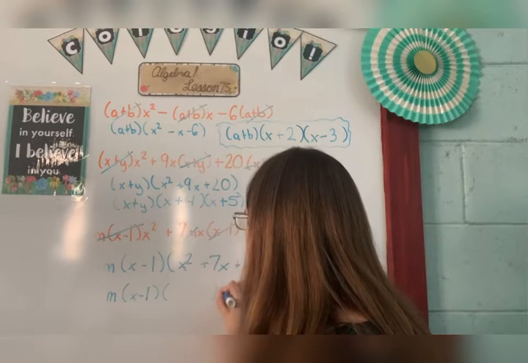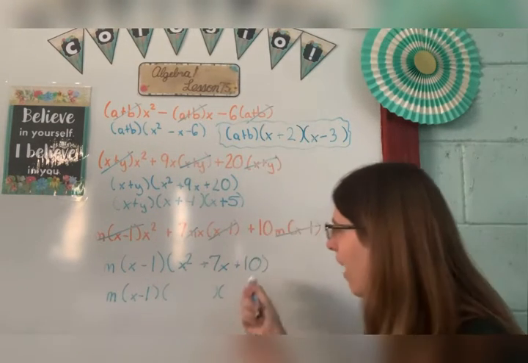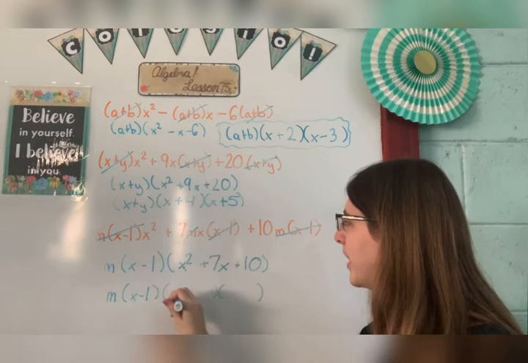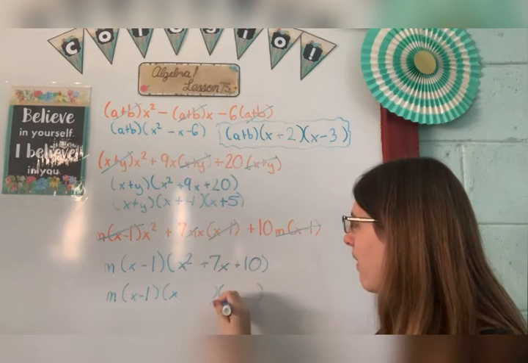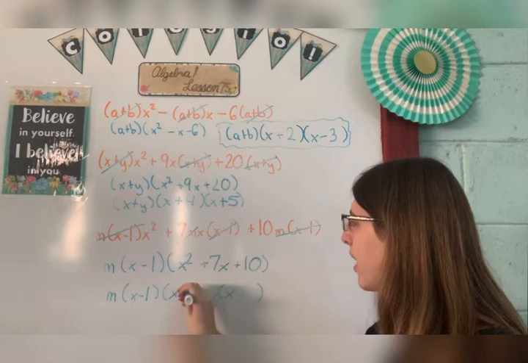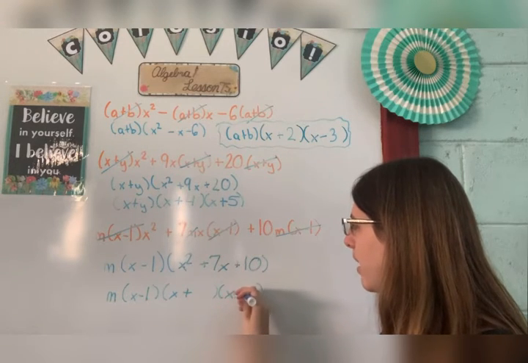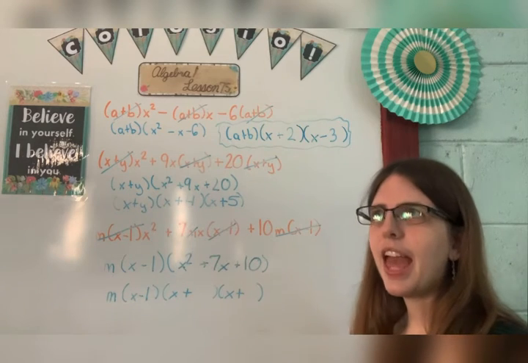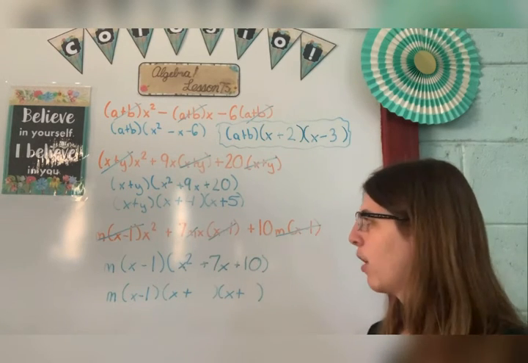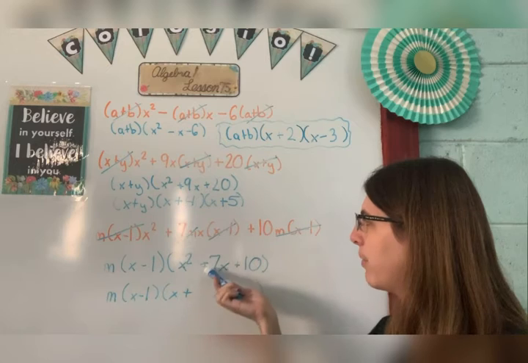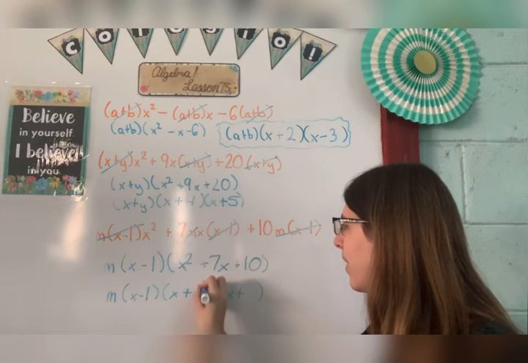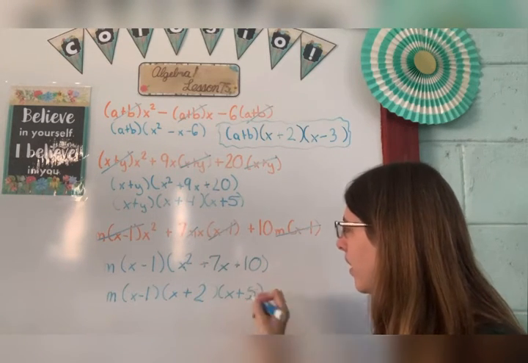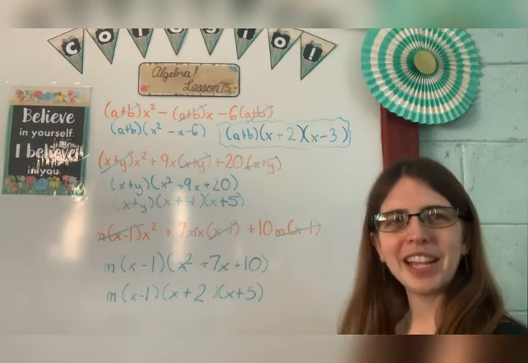Then I have my two parentheses. The factors of 10 that added together get me a positive 7. Since everything is positive, both of my terms are positive. So 10 is 1 times 10, 2 times 5. Positive 2 and positive 5 will both get me positive 7. So there you go. That's simple.